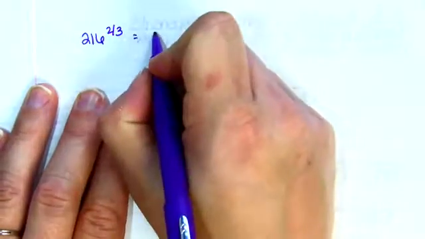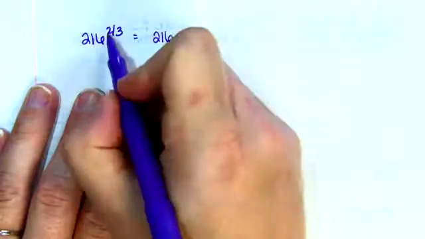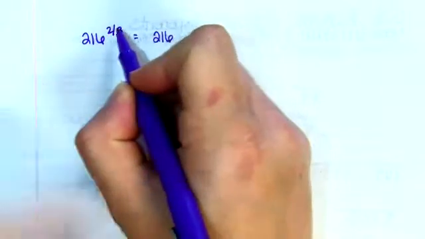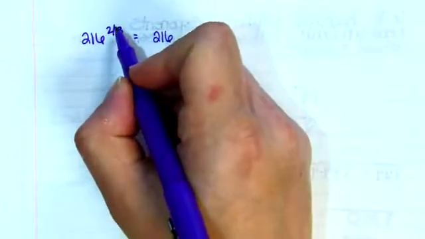So for another example, we could do 216 to the 2/3 power. And again, I'm going to split up my rational exponent and make it a whole number and a fraction with a numerator of 1.